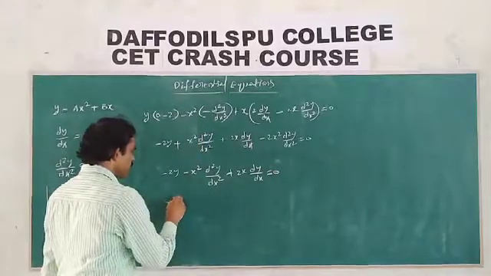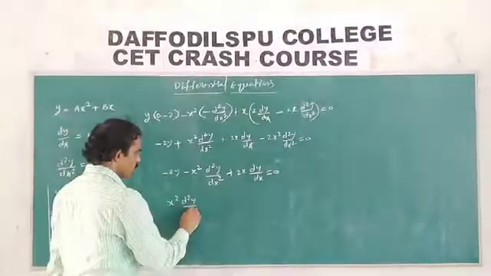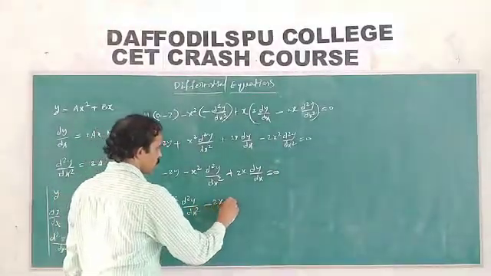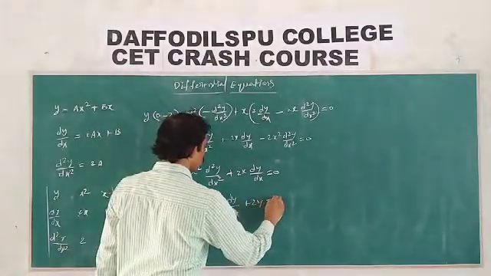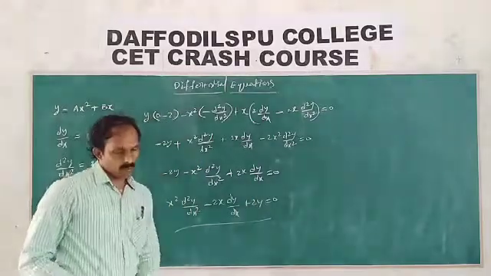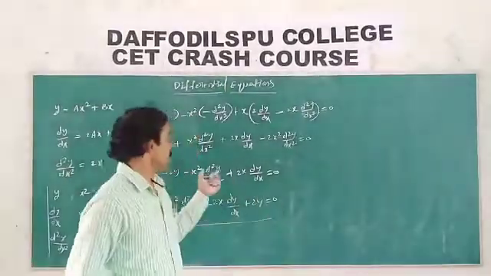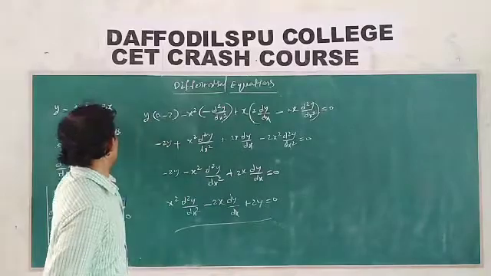Finally this equation can be written as x square d square y by dx square minus 2x dy by dx plus 2y is equal to 0. This is the required differential equation after eliminating the constants a and b.